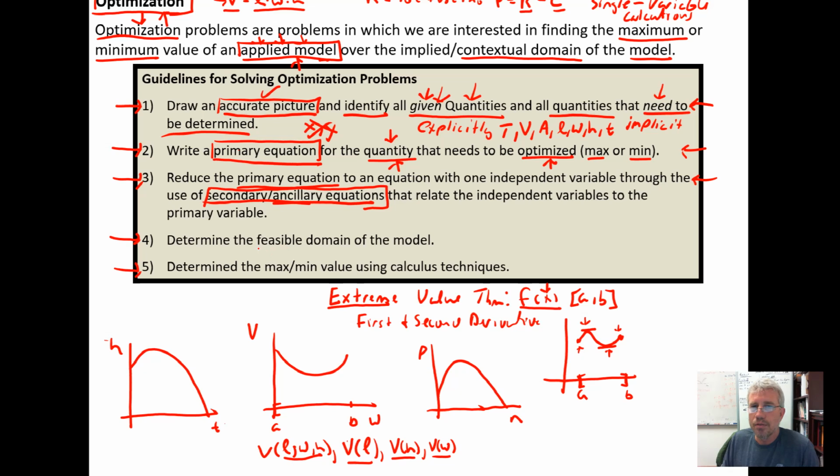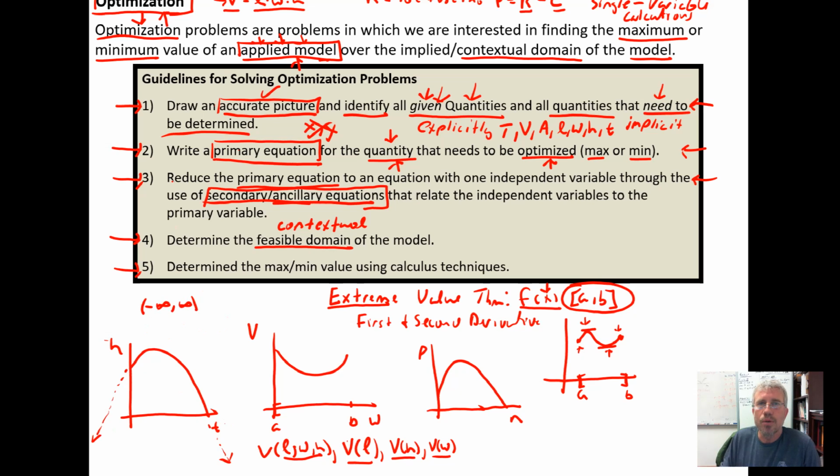Step 4, find a feasible, or what we've been calling in pre-calculus courses, a contextual domain for your model. You want to try to come up with a closed interval or a closed domain that your function needs to live over. So for example, if it's a height model, even if it might be a downward opening parabola, and we know that parabolas go from negative infinity to infinity.